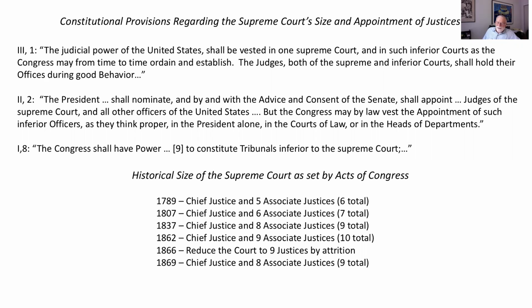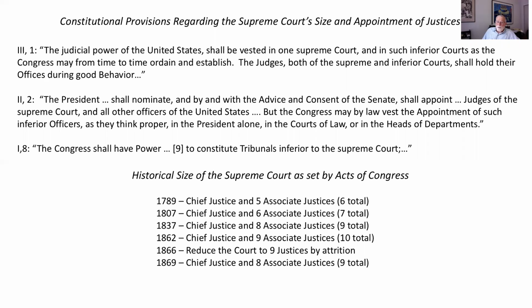In 1866, after the Civil War, Congress passed a law to reduce the court actually to 7 justices, by attrition. That's why I made a typo there. And the reason they did this was that Congress in 1866 was literally at war with President Andrew Johnson.